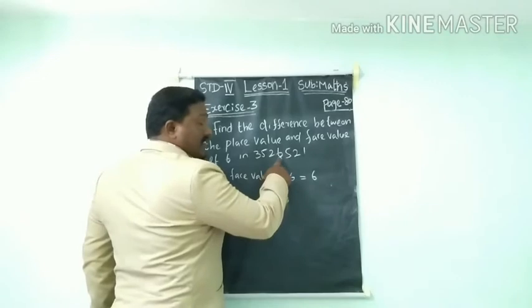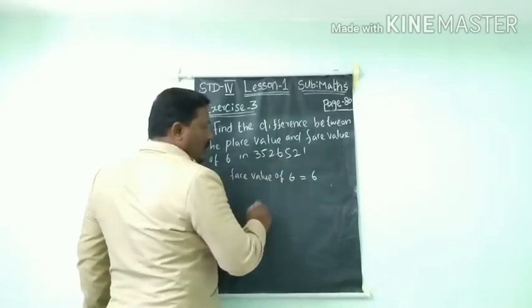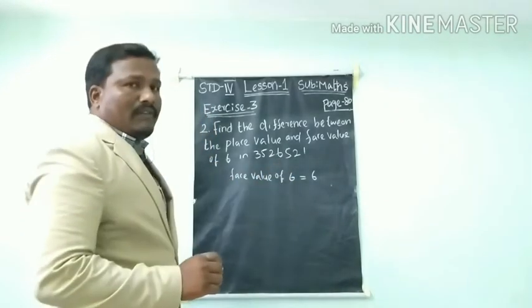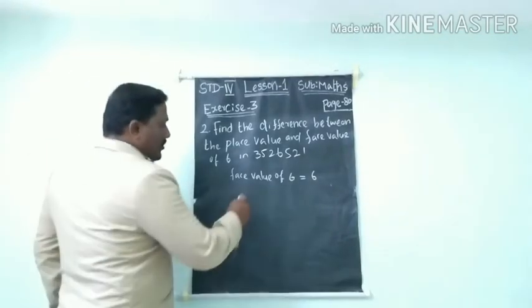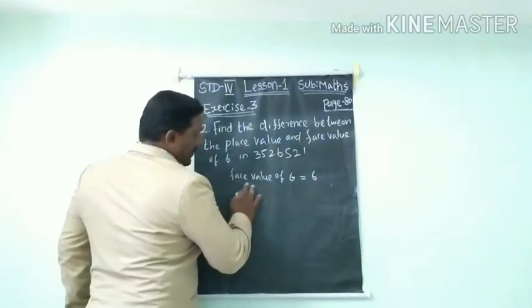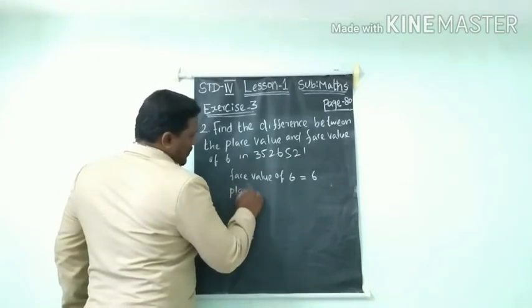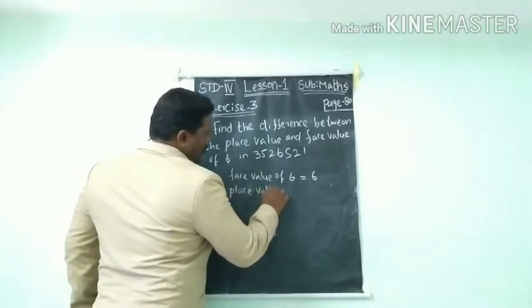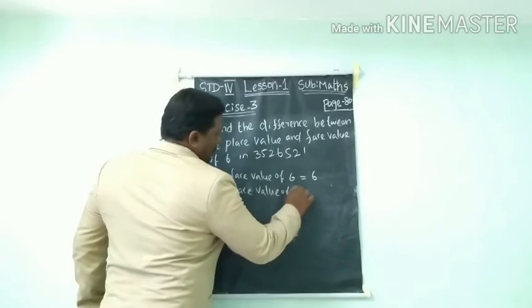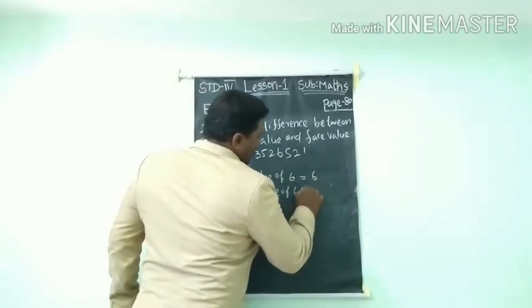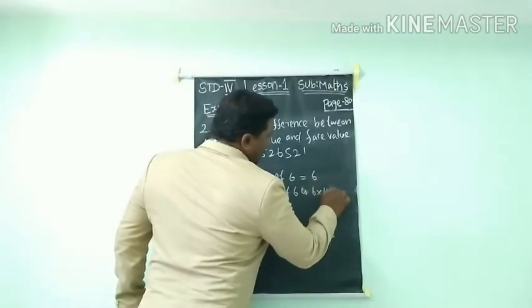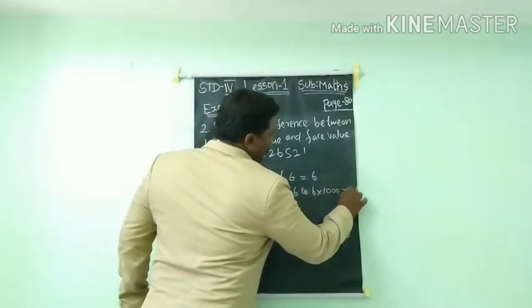The place value is 1000. So what do we have to do now? We have to multiply 6 into the 1000 place value. So 6 into 1000 is 6000.